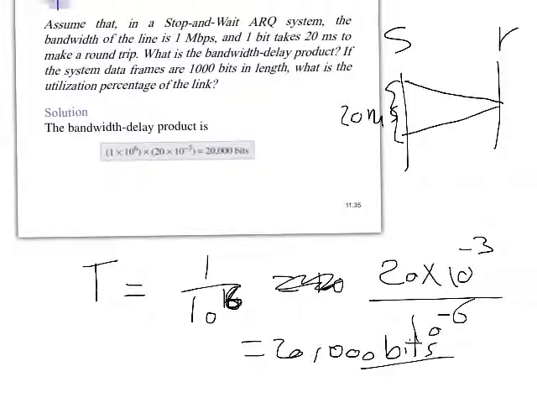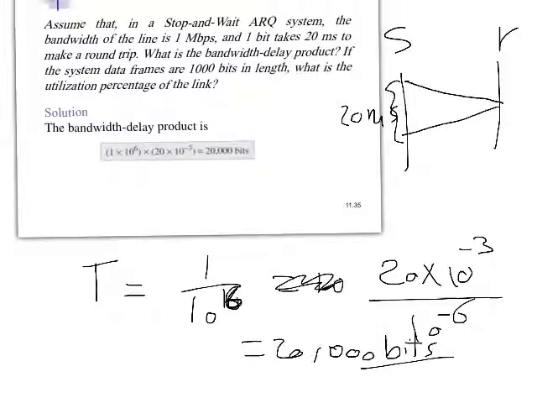So this is another way for me to understand what the bandwidth delay product means. The bandwidth delay product means that if I spend 20 milliseconds to go all the way and come back, and the bandwidth is 1 megabit per second, which indicates that in order to send 1 bit I need 1 microsecond, then if I have a window of 20 milliseconds, I can send as many as 20,000 bits.